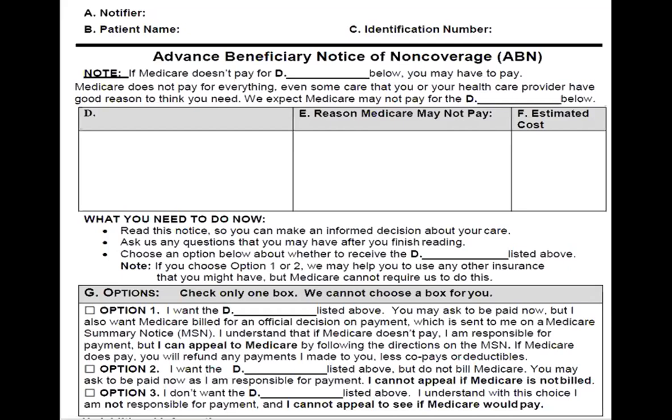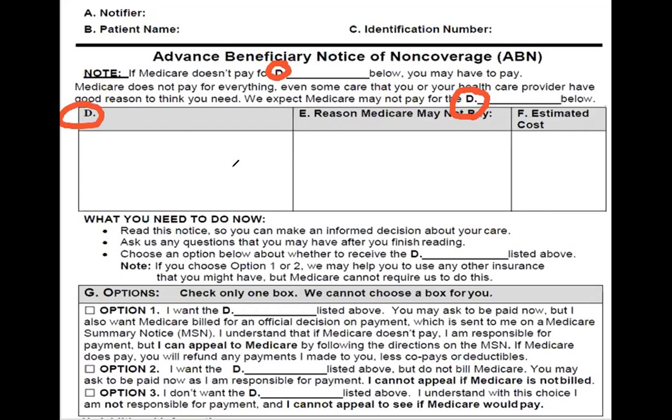That's what we would enter in letter D. And it says, we expect Medicare may not pay for D, whatever that CPT code. Then in D, we have to give the CPT code again, the description, and then we also have to tell the patient why we believe Medicare will not pay and what the cost is.